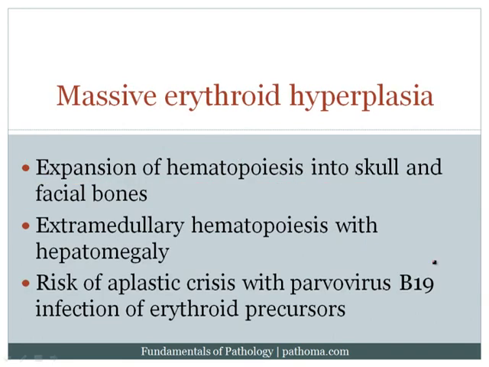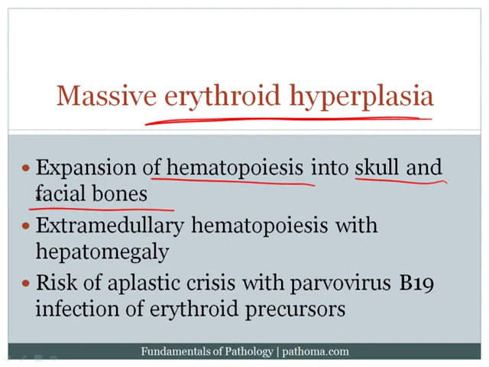Now, another consequence of both intra and extravascular hemolysis is that there's going to be massive erythroid hyperplasia. The bone marrow will undergo hyperplasia trying to produce as many red cells as possible. This will result in expansion of hematopoiesis into the skull and facial bones. When it goes into the skull, you're going to get a classic crew cut appearance on X-ray.